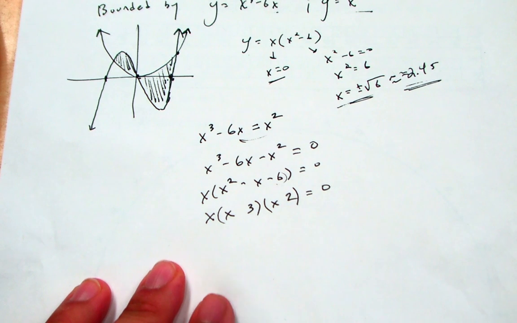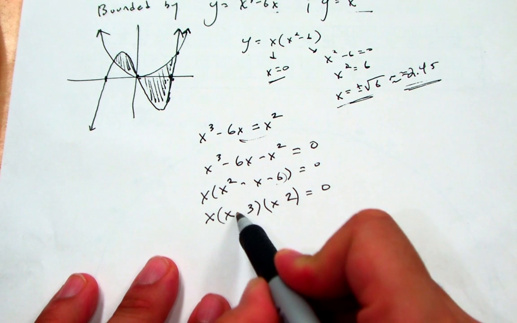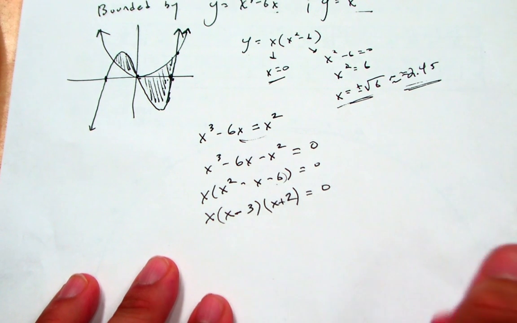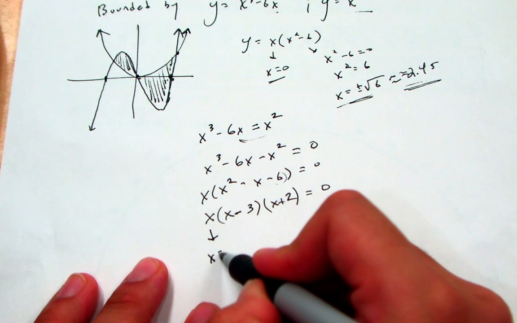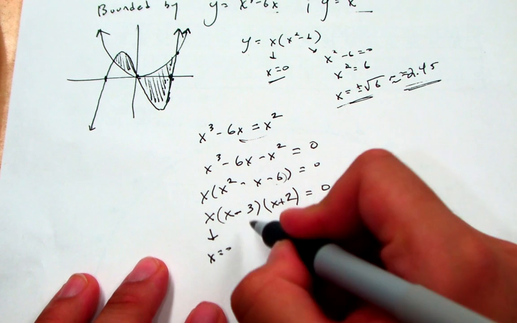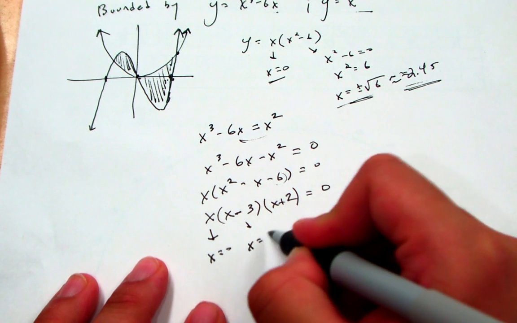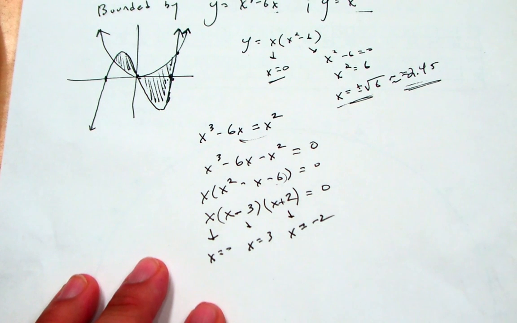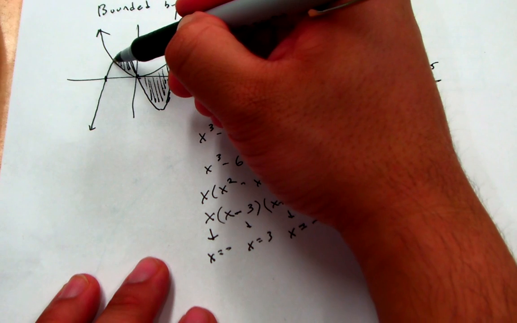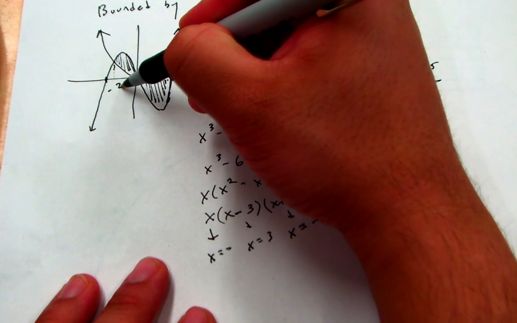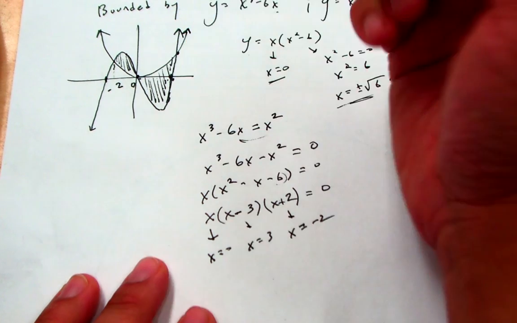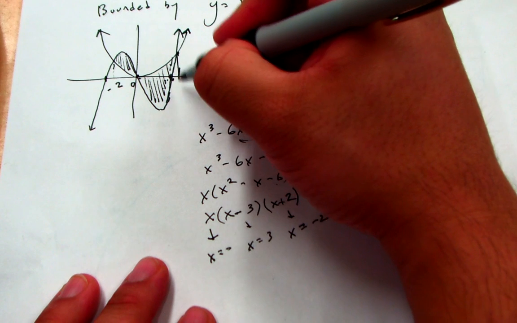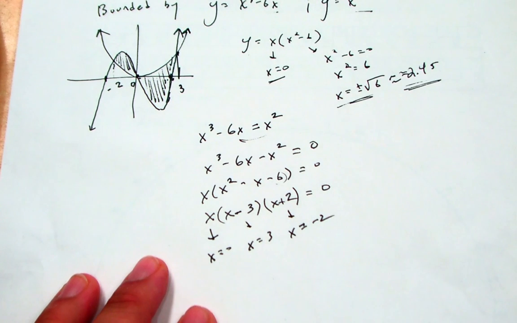Those would be good, because I can get negative 1, negative 3, and positive 2. So this produces a root of x equals 0, crossing of x equals 0. This produces an intersection of x equals 3, and this produces an intersection of x equals negative 2. So now I know that this intersection point is negative 2. As suspected, this is 0, and this intersection point over here is at 3.